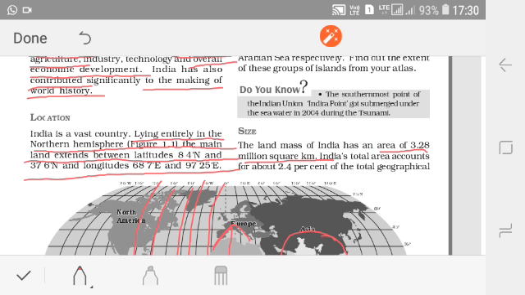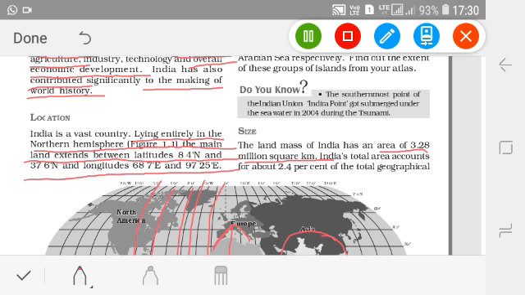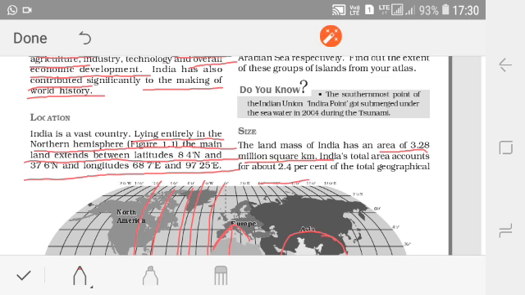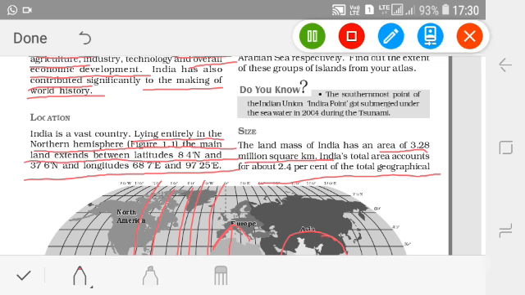Why square kilometer? Because we measure the length and breadth of a country. Now suppose 100 is the total geographical area of the world, then India's part is 2.4%. Mind it, we are talking about the total geographical area of the world.